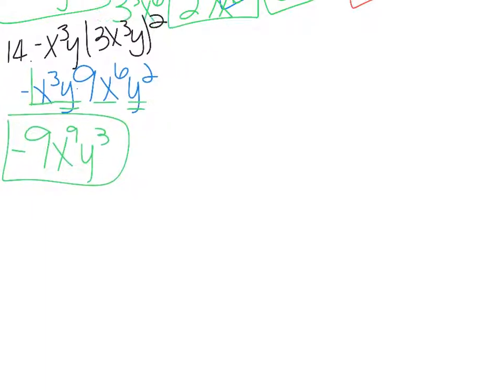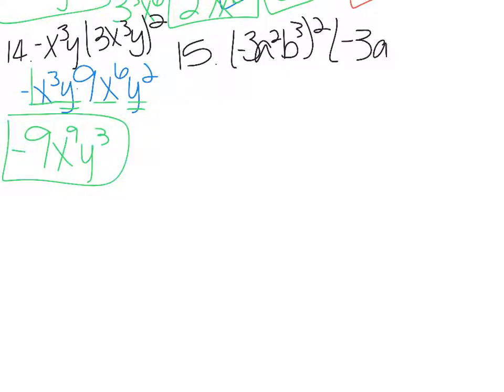And last one, let's say number 15. Okay, we have negative 3a squared b cubed squared times negative 3ab squared. Once again, you have to pay really close attention where the exponents are, what's included in the parentheses, things like that.